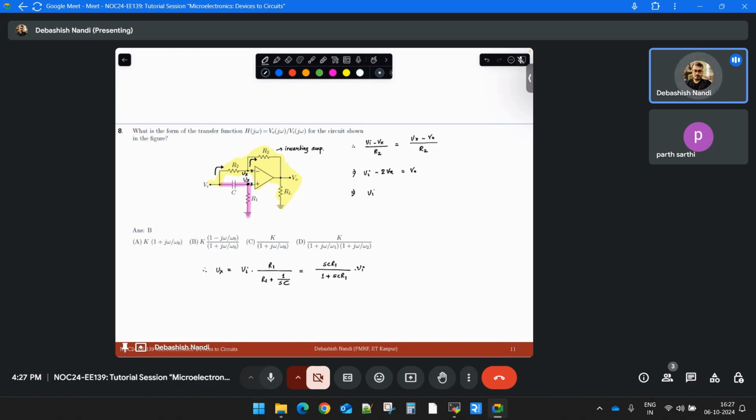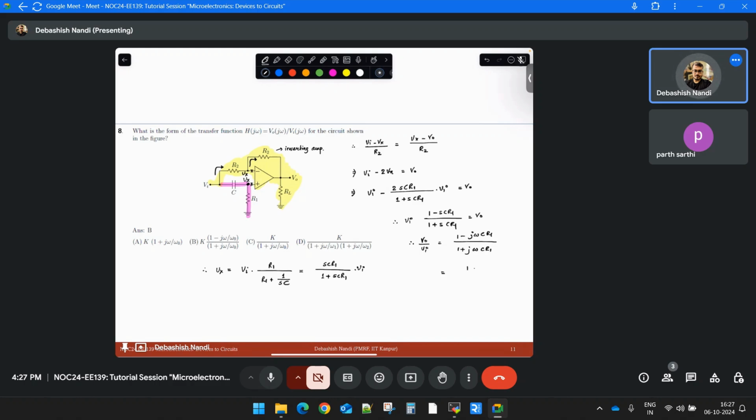Now put it here: Vi minus 2 times SCR1 over (1 plus SCR1) times Vi equals V naught. So that will be Vi times (1 minus SCR1) by (1 plus SCR1) equal to V naught. So V naught by Vi is equal to (1 minus j omega CR1) by (1 plus j omega CR1).